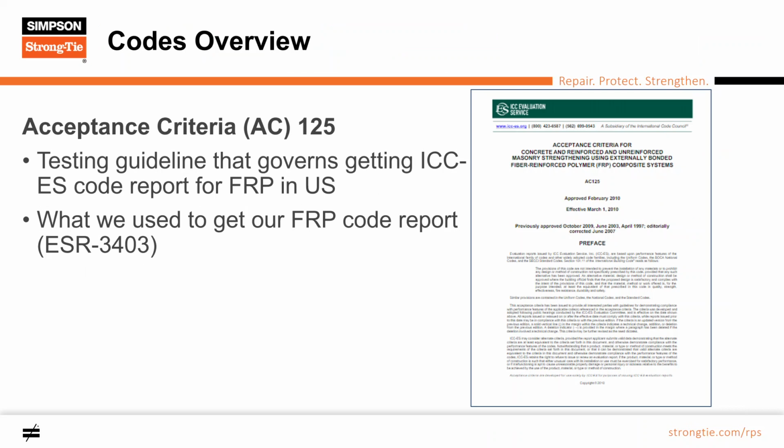Our FRP code report is ESR, or Evaluation Service Report, number 3403. That was what we used to get our code report, and I think I've got more detail on our testing later, maybe? I don't know if I did or not.